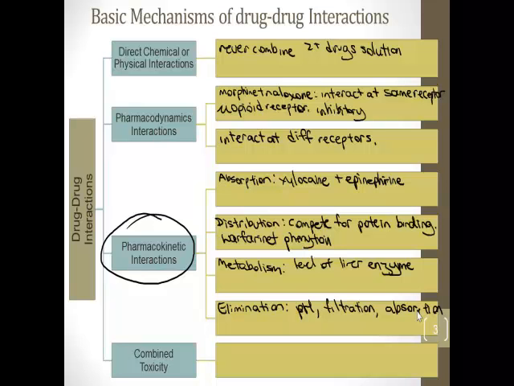And then the final mechanism is combined toxicity. The organ that's most likely to be affected by toxicity is the liver. So you have drugs that are hepatotoxic, and then you have some drugs that are neurotoxic, some drugs that are toxic to the kidney, renotoxic, and so on and so forth.